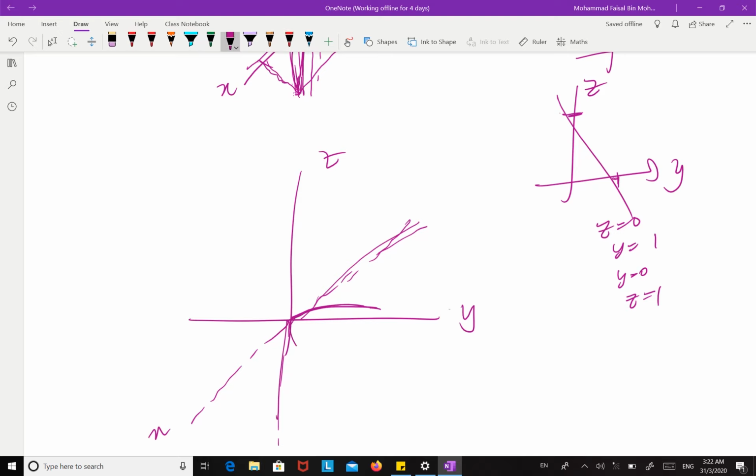More smaller, then you have 1 here. It should be a curve, and another curve is here. Okay, so you can shade here also.